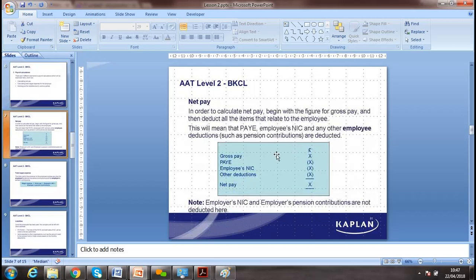Normally our pay slip looks like this, and on the pay slip it is written the employee's number, their NI, their tax. So gross pay, how much tax we paid, how much NI we paid, and other deductions. Then we get net pay. Net pay is the pay we have after the taxes or the contributions.